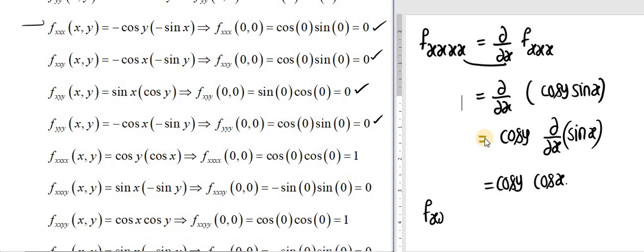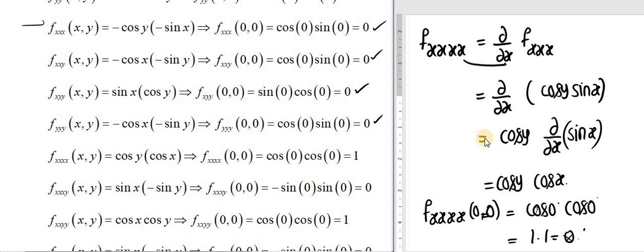Now the value of f 4x is cos y into cos x. Now I am going to find out this value at (0, 0). That is cos 0 into cos 0. So 1 into 1 is 1. Because cos 0 is 1 only.